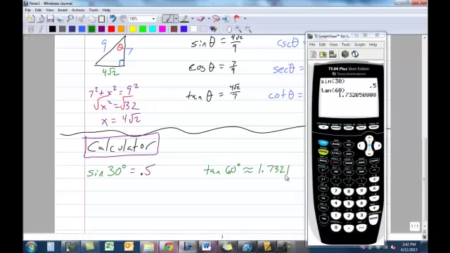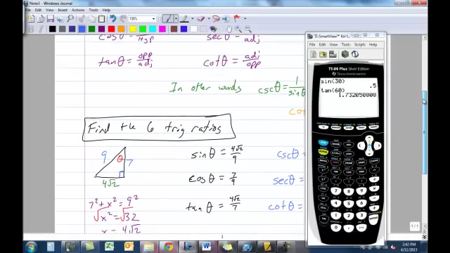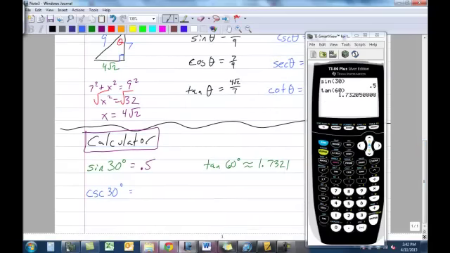All right, here's where it starts to get a little weird. What if I asked, what is the cosecant of 30 degrees? Now, you look at your calculator, notice there is no cosecant button, right? However, we said earlier that cosecant is the same thing as 1 divided by the sine of theta. So let's rewrite this as 1 divided by the sine of 30 degrees.